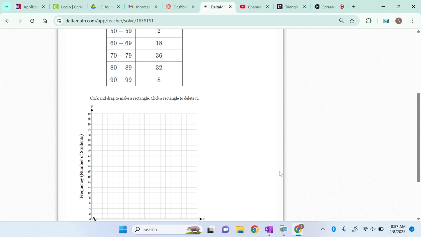Once you get in, click on the first set that says create histograms. It should be a singular problem.